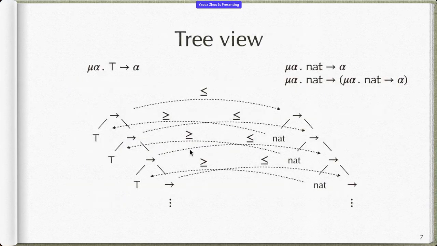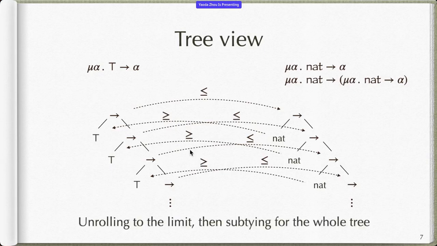And if we choose a tree view of Amadio and Cardelli's algorithm, it says that we compare two equi-recursive types by unrolling the recursive variable an unlimited number of times, and then checking the subtyping between all components in the wholly unfolded tree. For example, the tree on the left-hand side is an unfolded tree for the recursive type mu alpha. top to alpha.